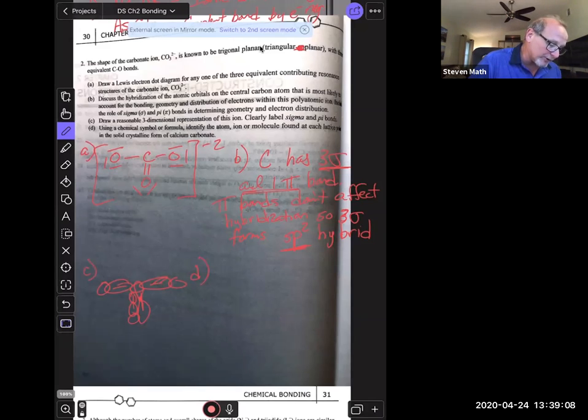D says use a chemical symbol to identify formulas or ions that are going to be found at the lattice points. What they want to know is what's the representative particle here? And in this case, it's ions. I don't know what kind of shape it's going to make, neither do you, and you don't need to. You need to know there are ions at the lattice points.